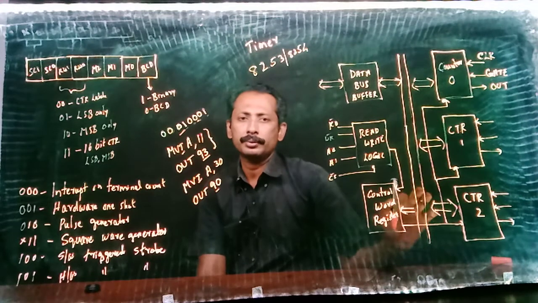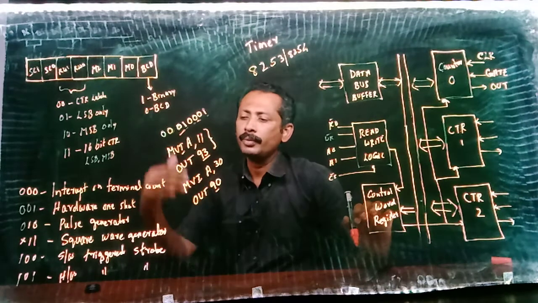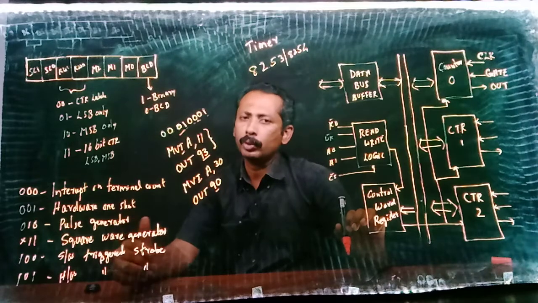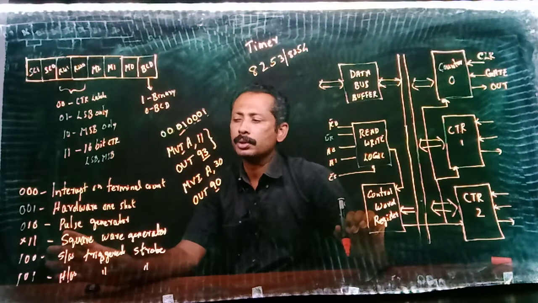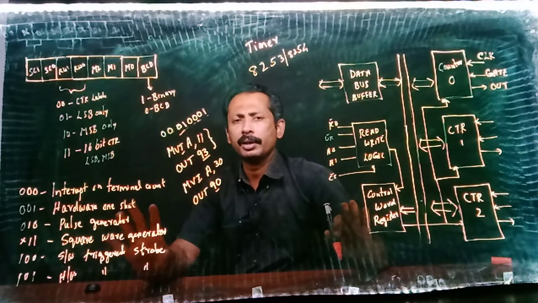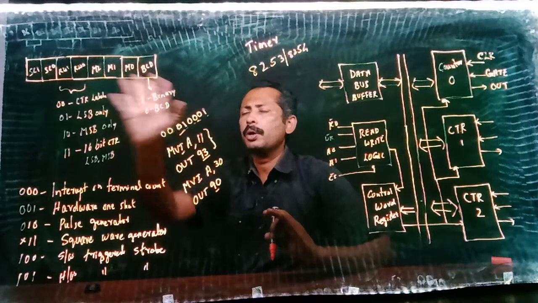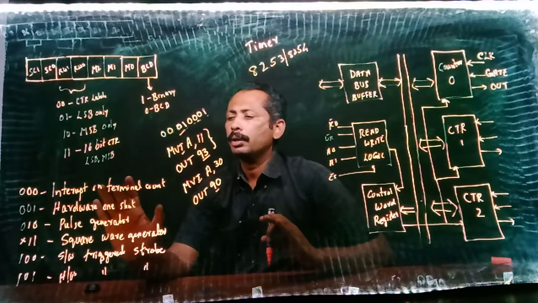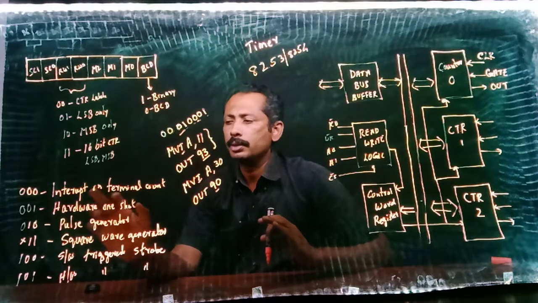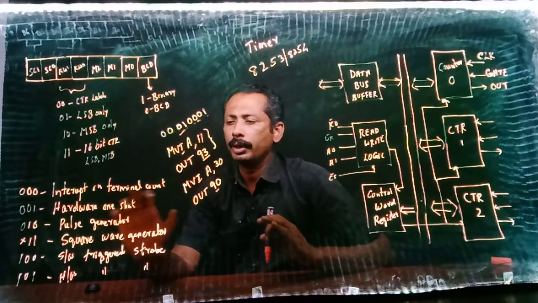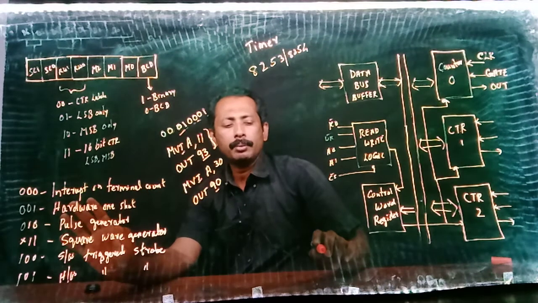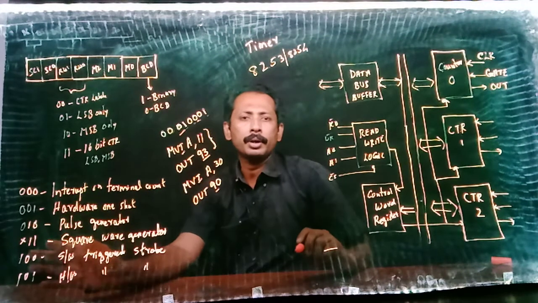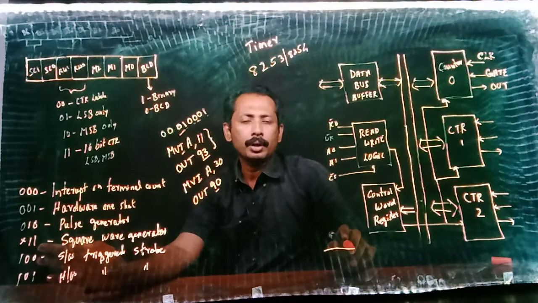three counters. Okay. And about the working modes, this works in 6 modes. അപ്പോൾ ഈ മോഡ് 0 ആണെങ്കിൽ interrupt on terminal count. Mode 0 means interrupt on terminal count. ആദ്യം ഔട്ട് പിൻ എപ്പോഴും ലോ ആയിരിക്കും.